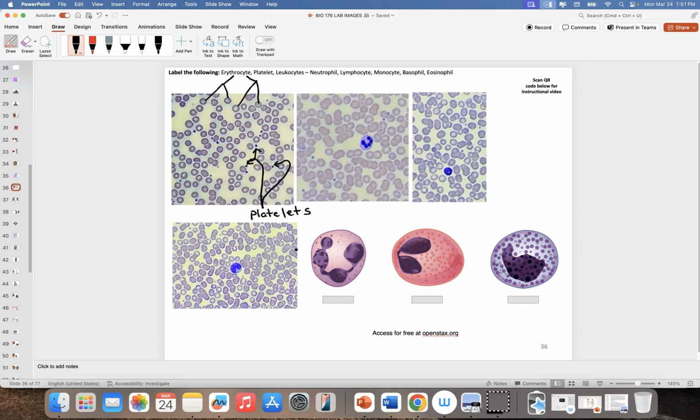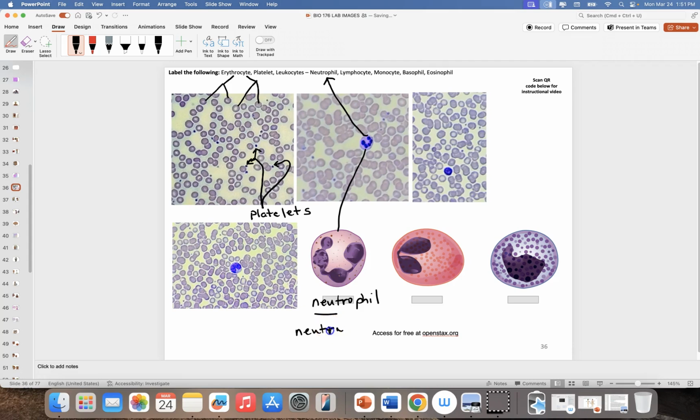So our first white blood cell we're going to take a look at is the neutrophil. That's going to be this cell here. There's our neutrophil. And we also have a drawing of the neutrophil here. So we can go ahead and label that. And neutro for neutral.